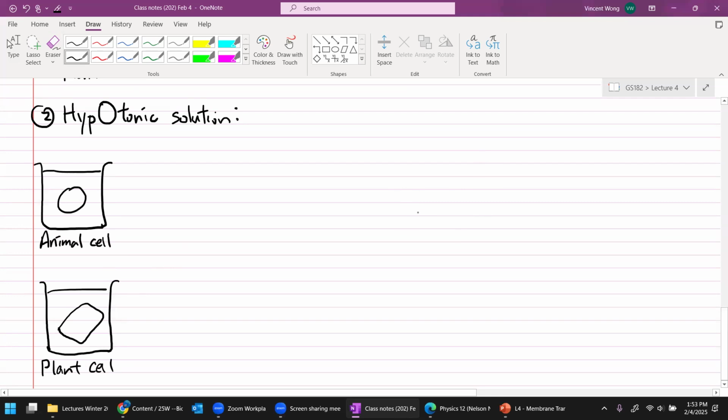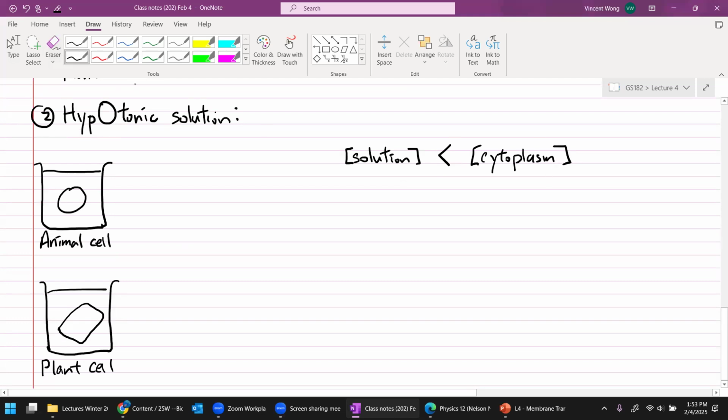For a hypotonic solution, the concentration of the solution, like the surroundings, is going to be less than the concentration of the cytoplasm. Hypo means lower.